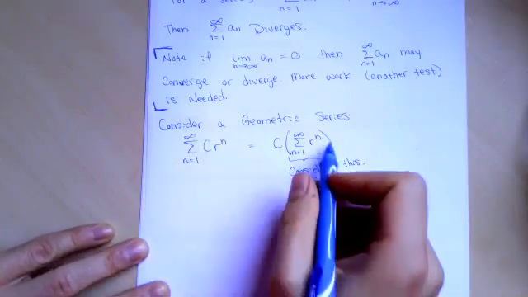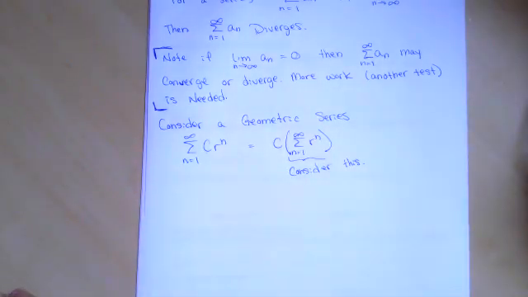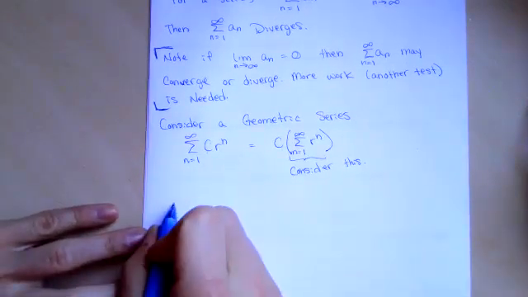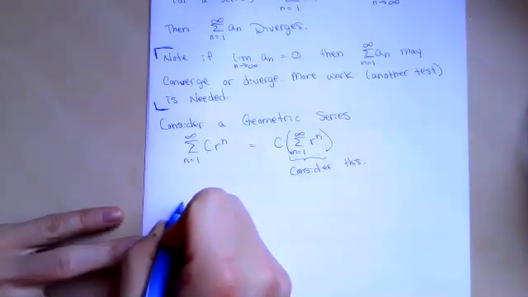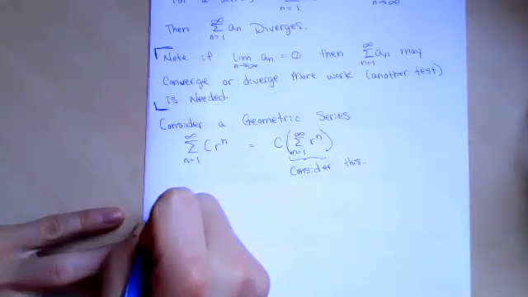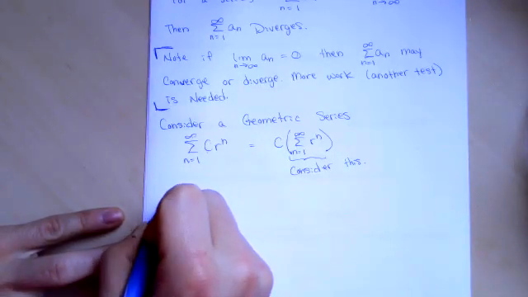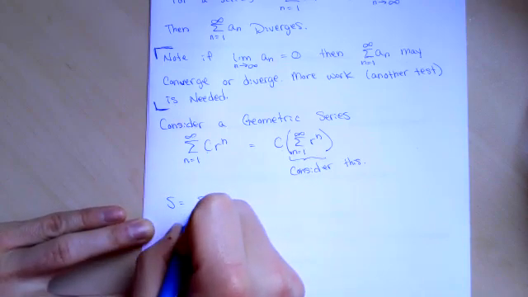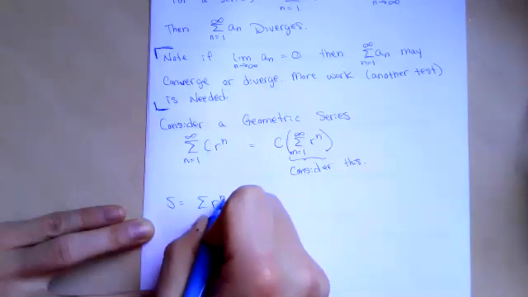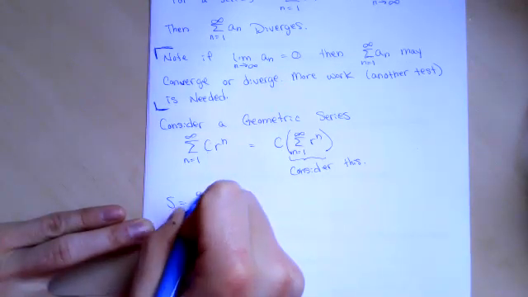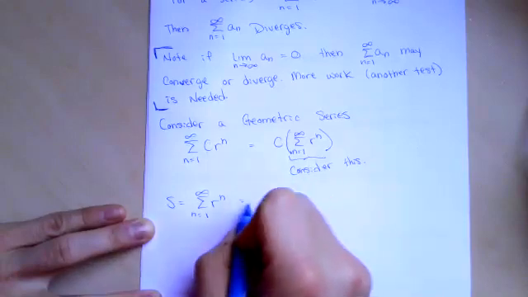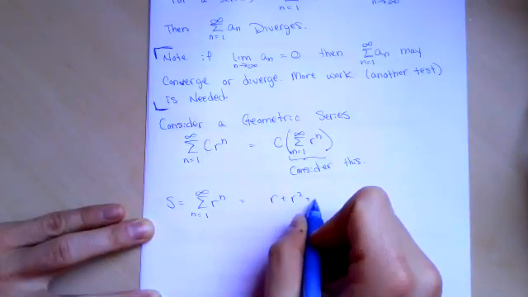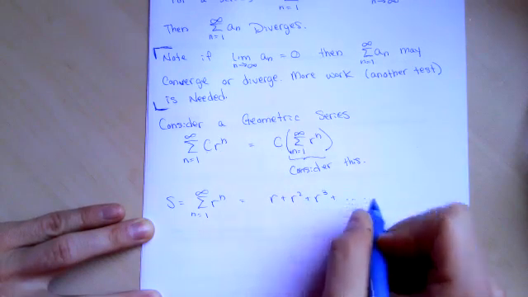So the fancy trick with a geometric series is this. Let's call this guy S. It is going to be the sum of all of the terms, and that's going to be r plus r squared plus r cubed, and it's going to keep going.